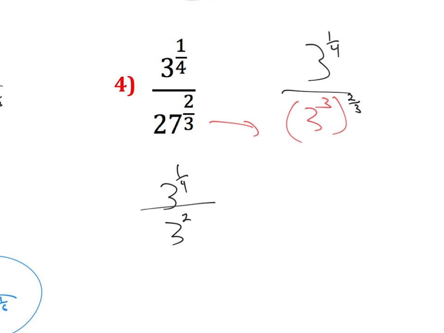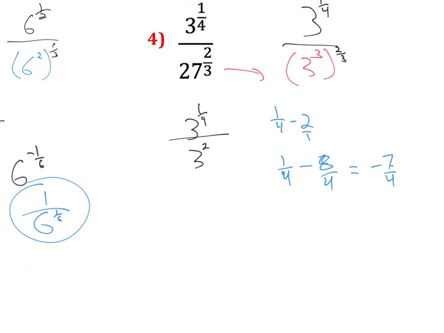Just like before, we have division of the same base, so we subtract the exponents. I need 1/4 minus 2. They don't have common denominators, so we'll give them common denominators. I'll say 1/4 minus, let's see, if I multiplied by 4, that'd be 8/4, which is negative 7/4.